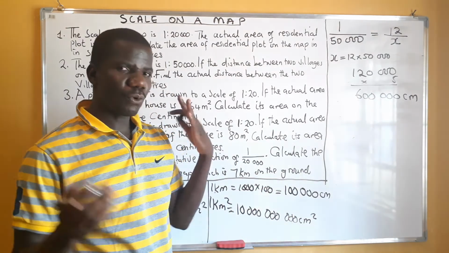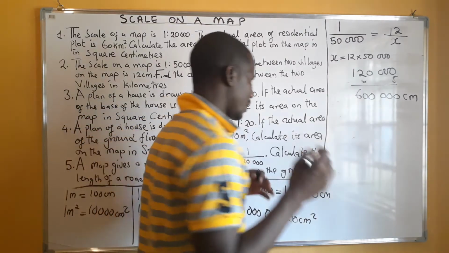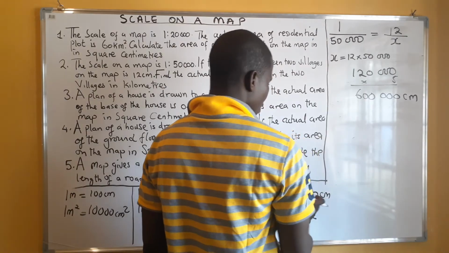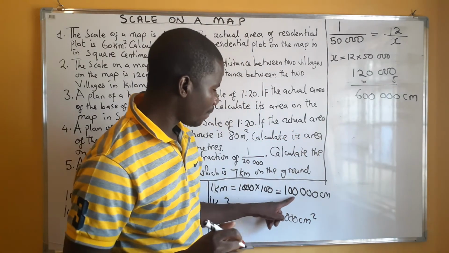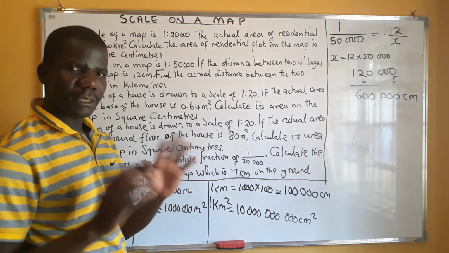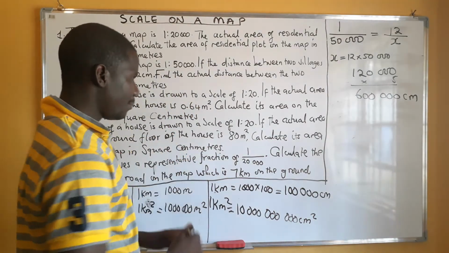So we are trying to convert our answer to a kilometer. This is what we are going to do. We'll divide this one by 100,000 centimeters, because 1 kilometer is equal to 100,000 centimeters. Take note, when we are dealing with squares, we consider the units that have been squared.